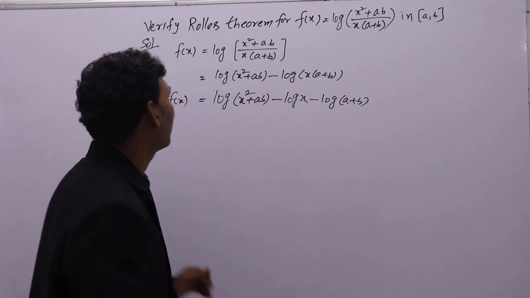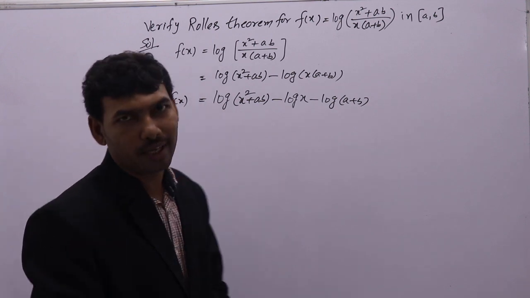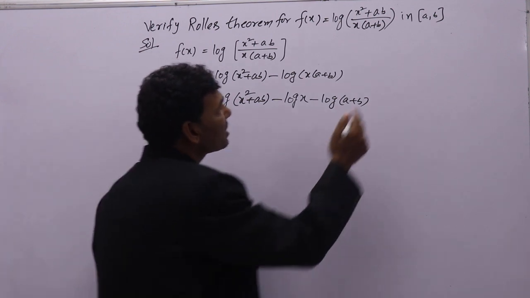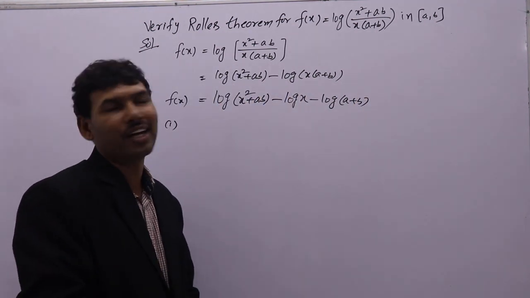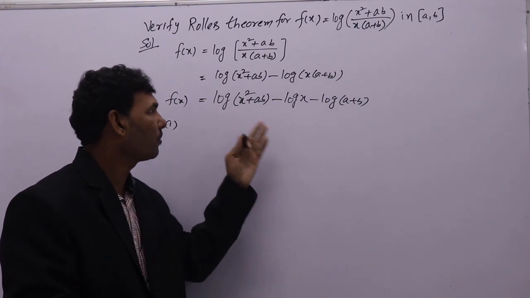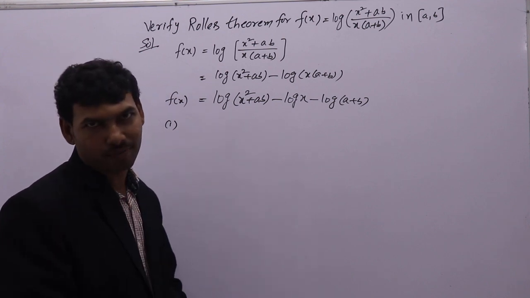Next, as I said in the starting, properties of continuous and differentiable functions: a function which is defined in the interval a comma b is always continuous and derivable. Definitely it should be continuous. Now if you want, you can check. If you write a or b in the place of x, you won't get infinity.